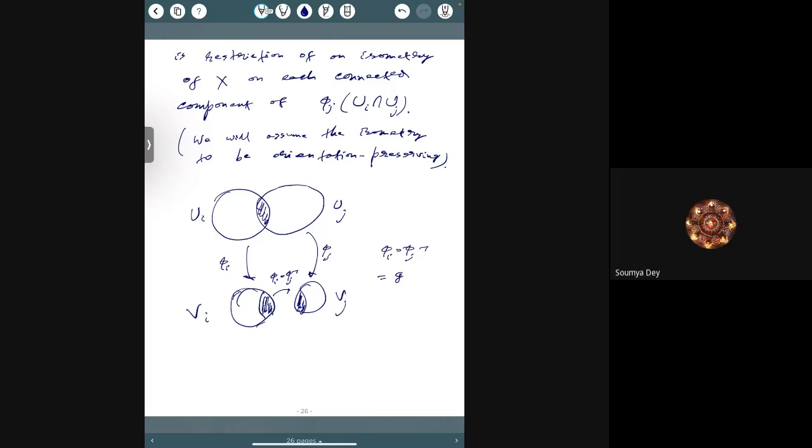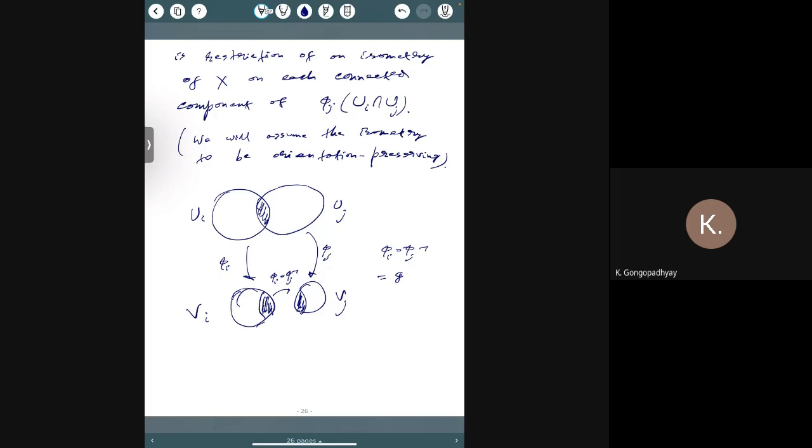But when you say connected component, you want to emphasize the fact that the space in general, and this image of ui intersection uj, may not be connected. So it may have different components, and on each component it is induced by some isometry.